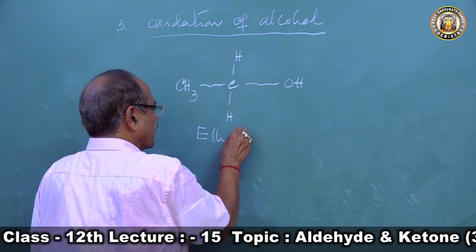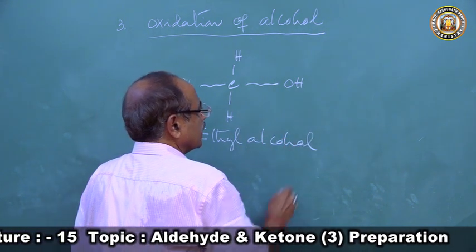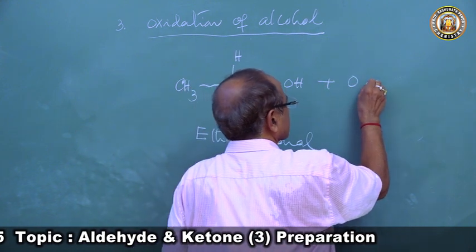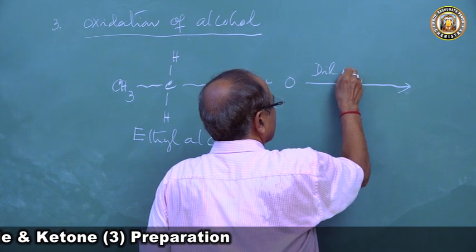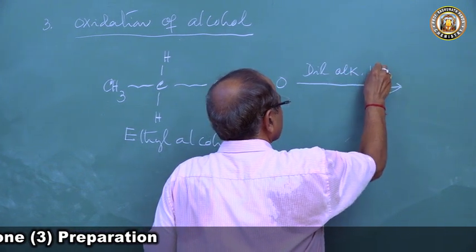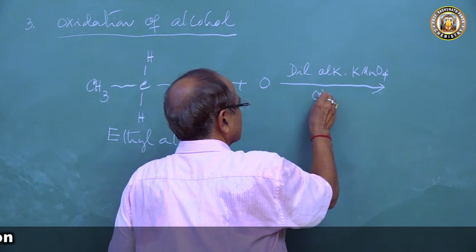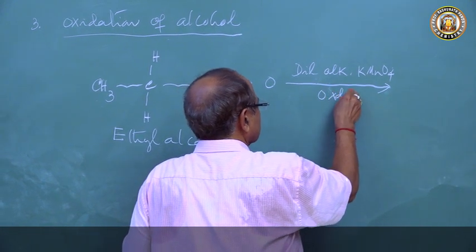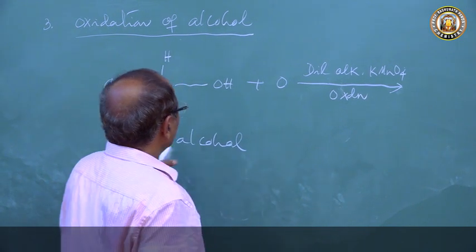Because we want to prepare acetaldehyde, we choose it, then this will undergo oxidation. Dilute alkaline KMnO4 will do the oxidation reaction. Dilute alkaline KMnO4. Now what will happen?